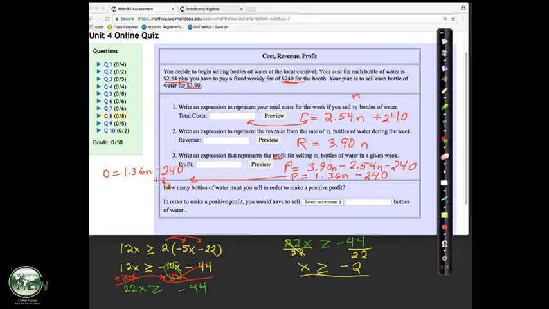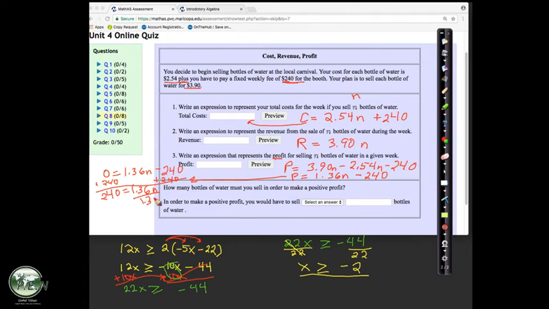So add 240, add 240. So we get 240 equals 1.36 times n, and then divide both sides by 1.36. And again, I've got a student in one of my other classes, my 122.